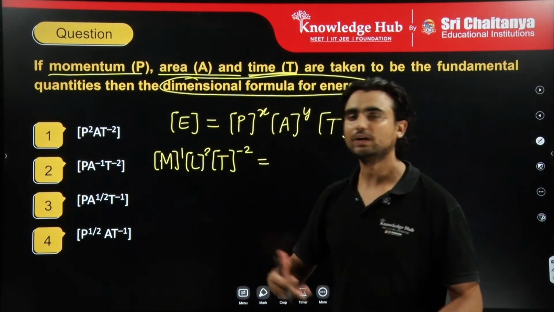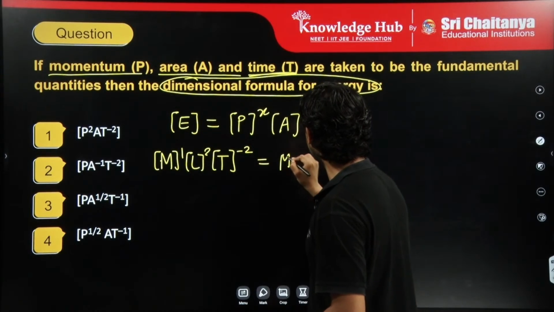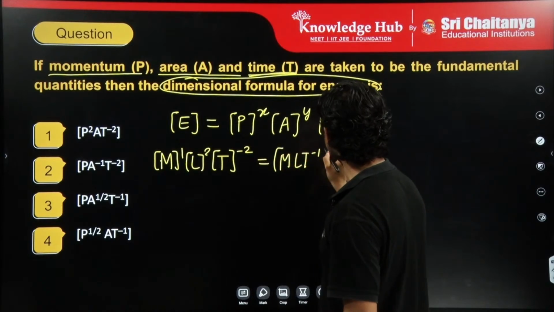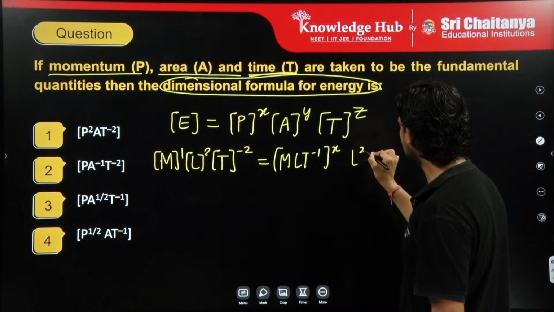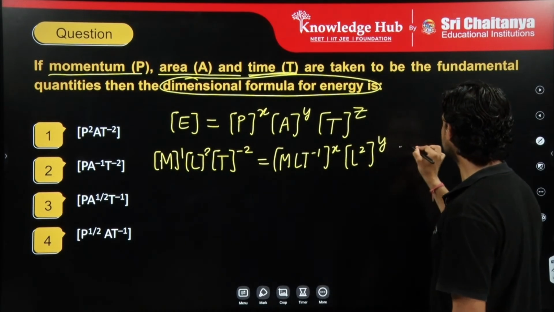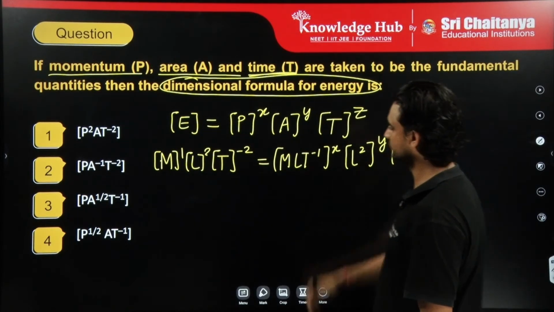Momentum is mass into velocity. So mass I can write M and velocity I can write L T minus 1 raised to x. Area is L square raised to y, and this is time raised to z.